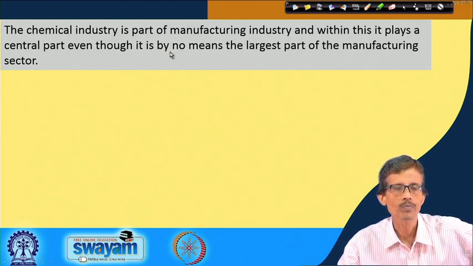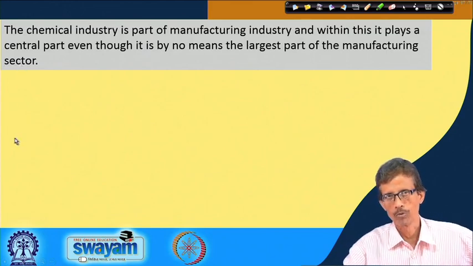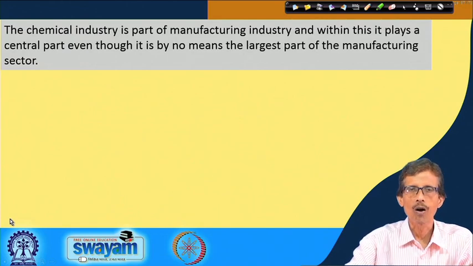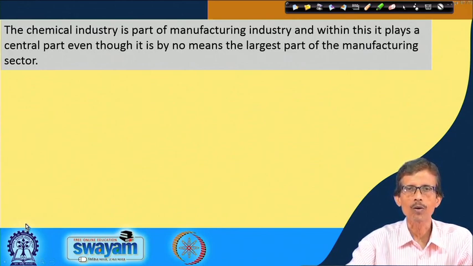And even though it is by no means the largest part of the manufacturing sector, the amount, in terms of some million tons of sulfuric acid, ammonia, ammonium nitrate and all these bulk and raw materials, is huge.